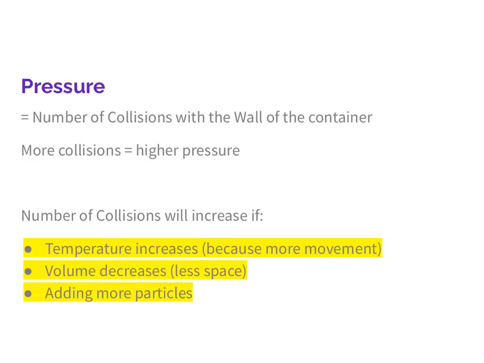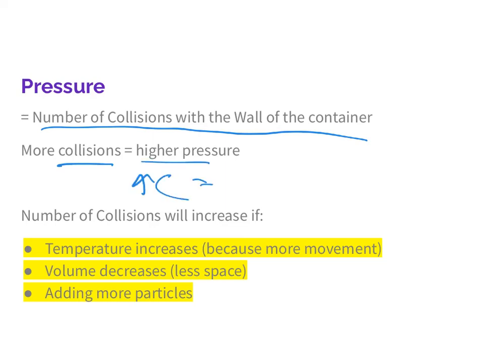So like we said, it's the number of collisions with the wall. That's a simplification, but that's easier. More collisions, higher pressure. So that's another direct relationship. Increase in collisions equals increase in pressure. So the different ways you can increase the number of collisions are if you add more particles, they're going to hit the walls more.